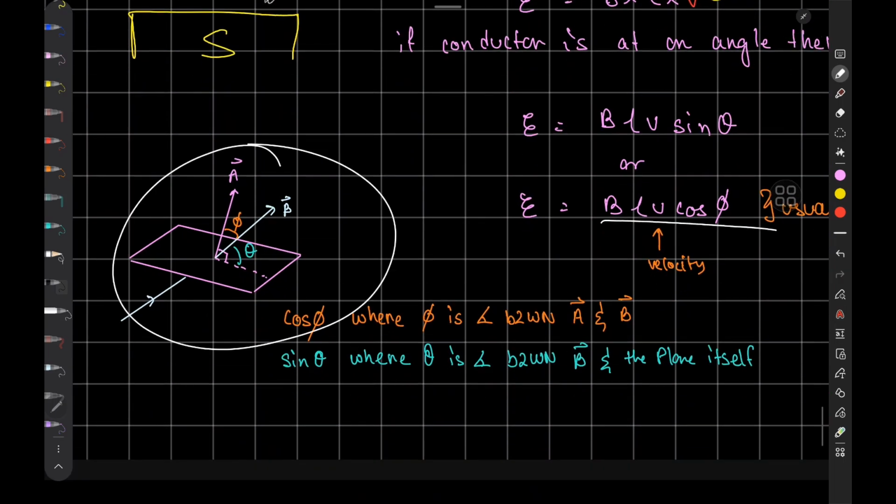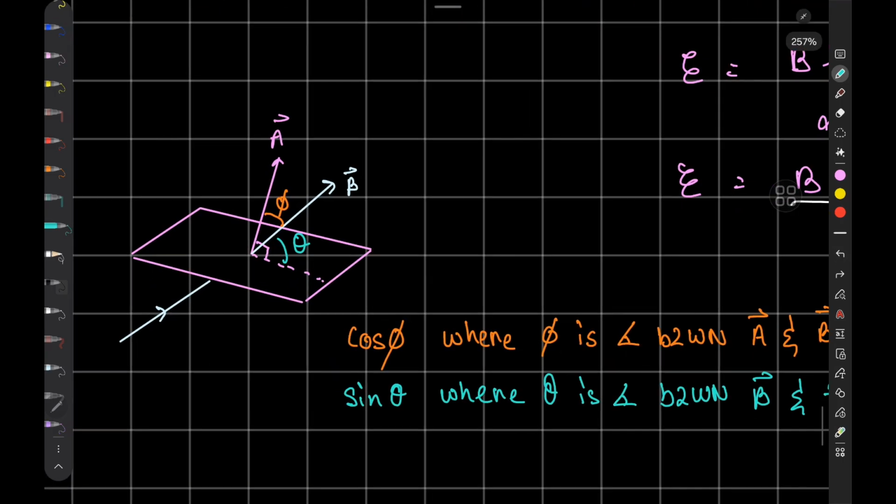Hence, this is a good demonstration. If this is the magnetic field direction, and this is my bit of conductor going through like this, then the magnetic field is not perpendicular to the motion. This pink parallelogram that you see is basically the area cut by my conductor.